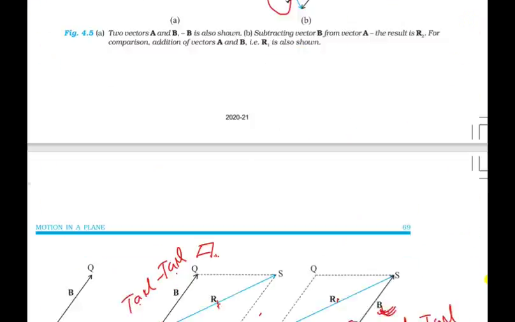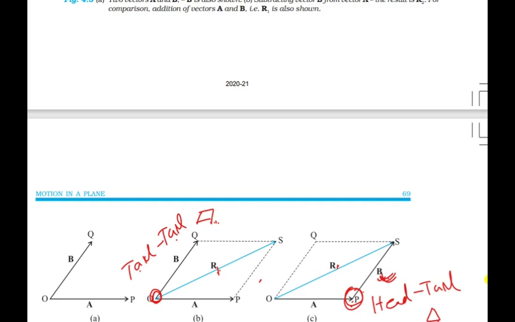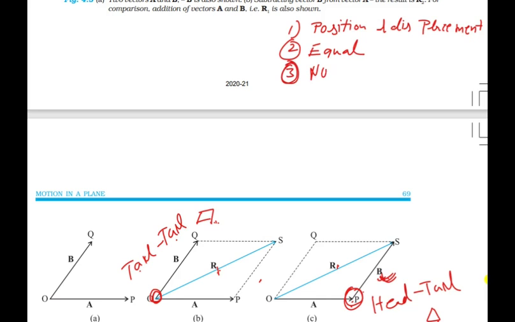what we have learned, let me give you a conclusion. First we have learned position and displacement vector, then equal vector, then null or zero vector.